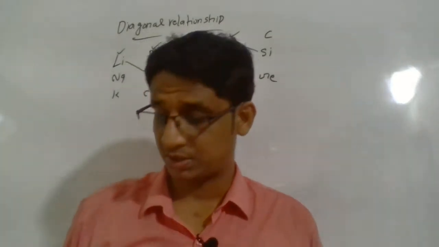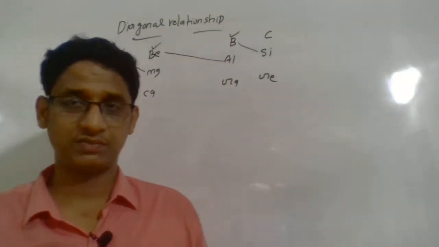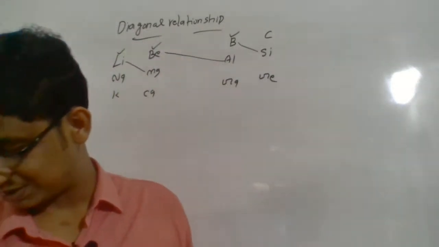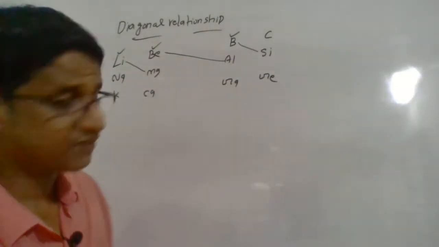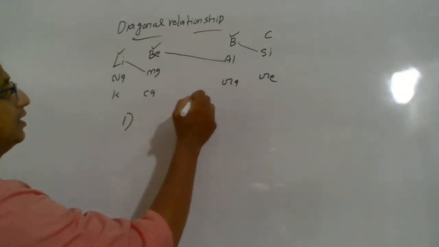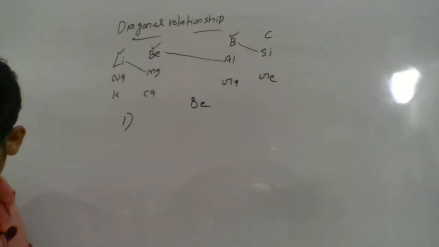Now it's very important to know what the similarities are. We said they have similar chemical properties, so let us point them out one by one. Let us start with the diagonal relationship between lithium and magnesium.